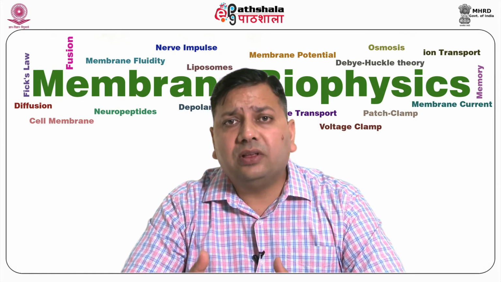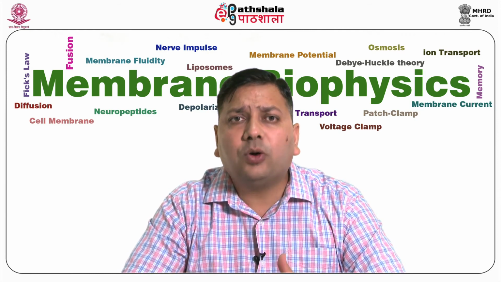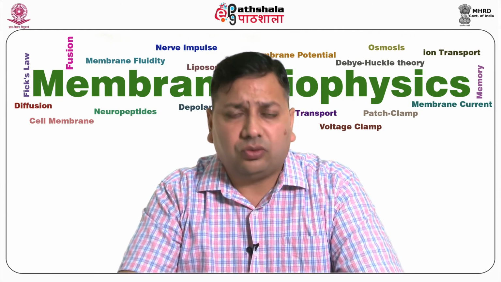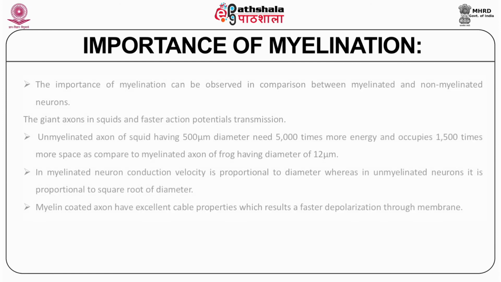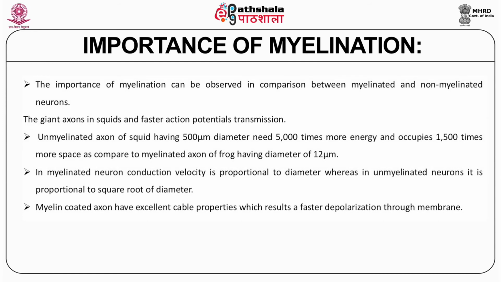Now, after this, we'll talk about the importance of myelination in axons. The importance of myelination can be observed when you compare the functions of myelinated and non-myelinated neurons. The giant axons are present in squid for faster action potential transmission.